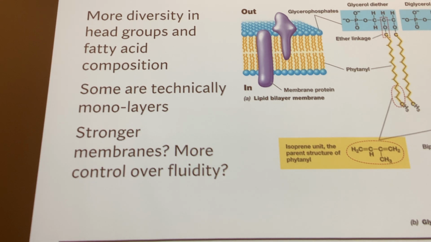But when you get to the archaea, lipid diversity is just immense. So one of the first things to point out is that the linkages that are made between that head unit and the fatty acid chain are now no longer ester linkages, they're ether linkages. These are slightly stronger, they're a little harder to hydrolyze, so it's thought to be one of the potential reasons why archaea may have adopted these types of lipids.